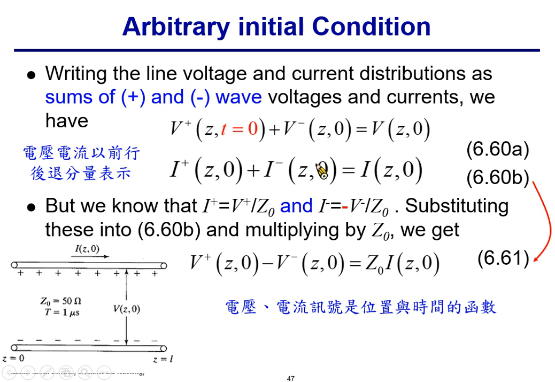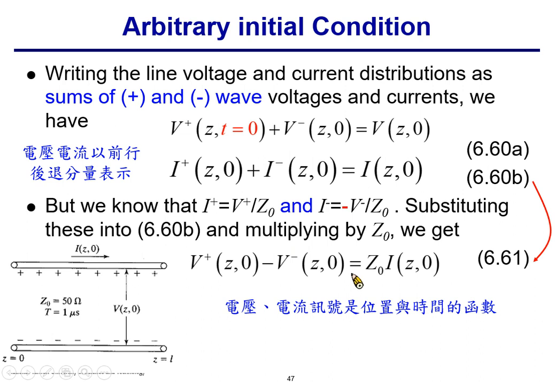And because we know that both the positive going and negative going signals shall abide by the rule of characteristic impedance, in other words, the voltage will be Z sub 0 times the current. So you have this relationship: I plus equals V plus divided by Z sub 0, and I minus equals minus V minus over Z sub 0. The minus sign simply results from the signal going from right to left.